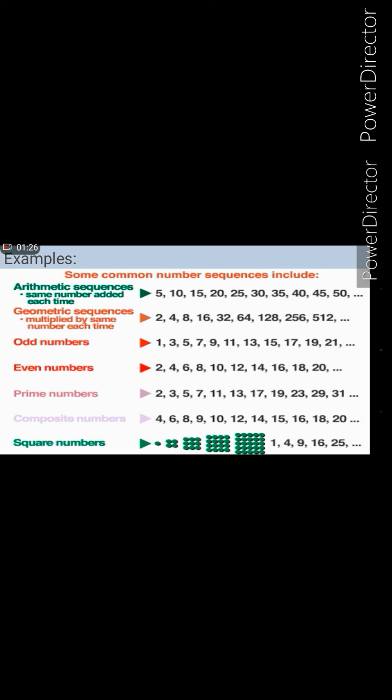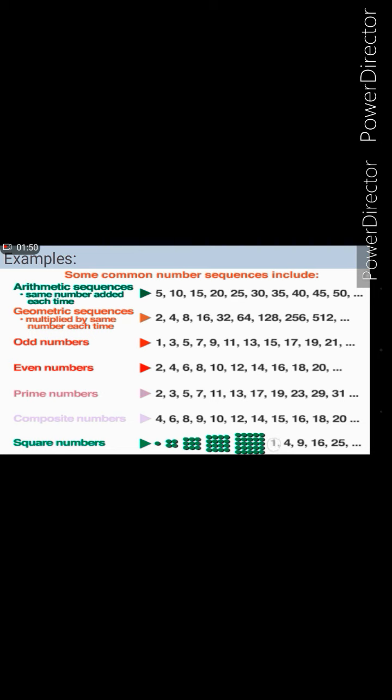Now, in the third example, there is a sequence of odd numbers. What pattern is followed here? The pattern of odd numbers. In the next, there is a pattern of even numbers, then prime numbers, composite numbers, and in the last example, these are the squares of numbers.